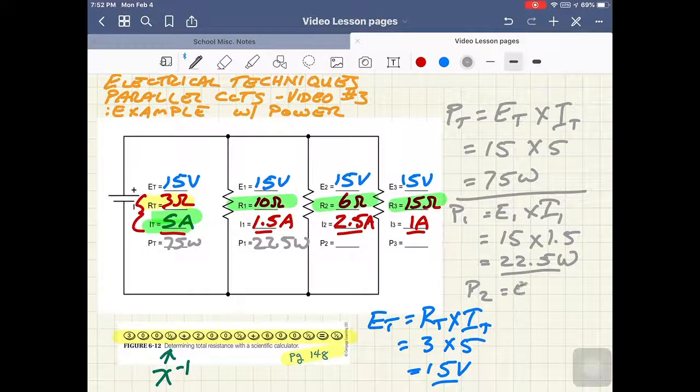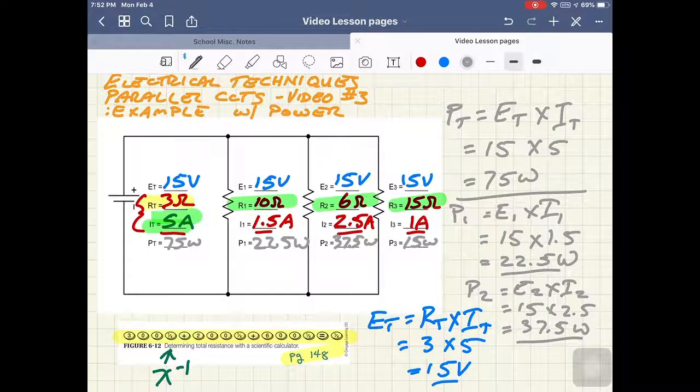P2, E2 times I2, 15 times 2.5 is going to give me 37.5 watts. And the last one's easy. It's 15 times 1 will give me 15 watts.